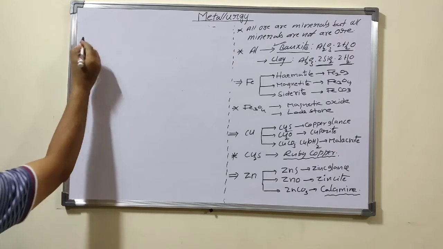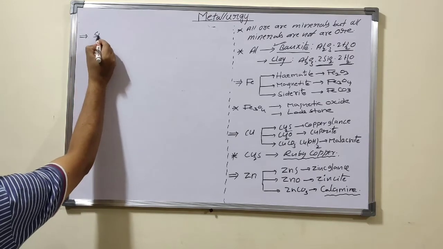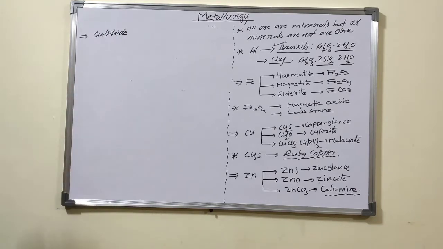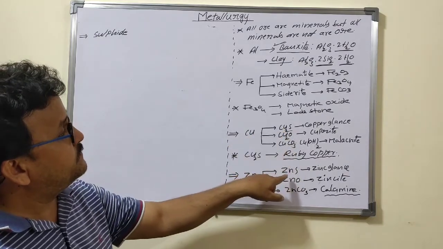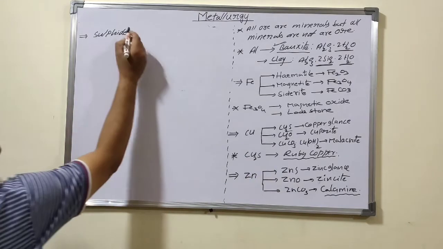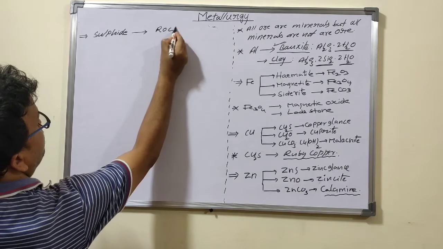Now, elements which are in sulfide form, copper glance, zinc glance, these are in sulfide form. Generally, the sulfide form occurs in rocks. Remember this.